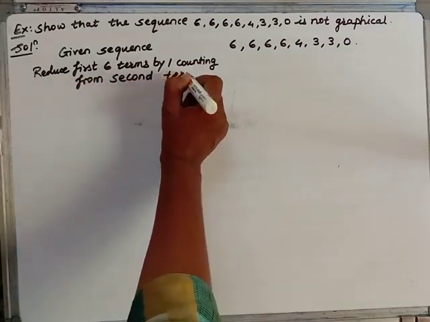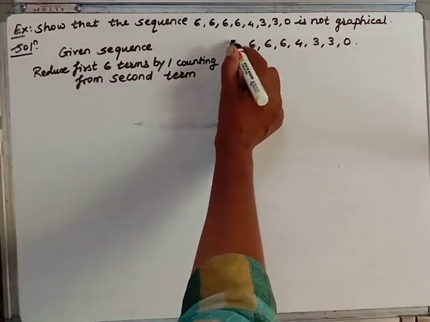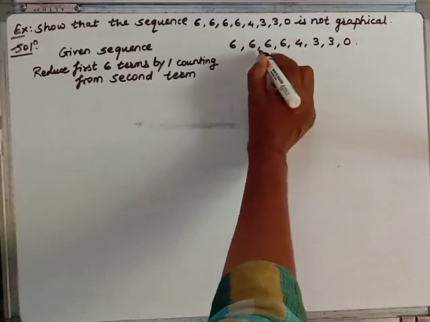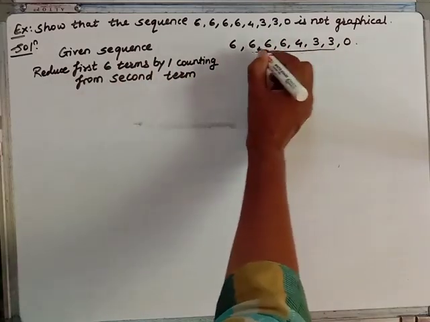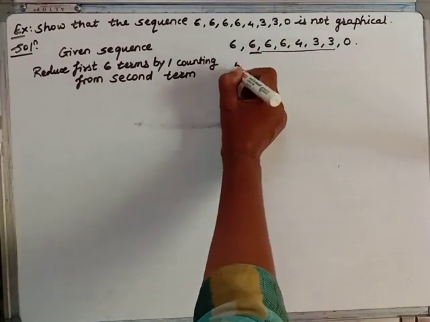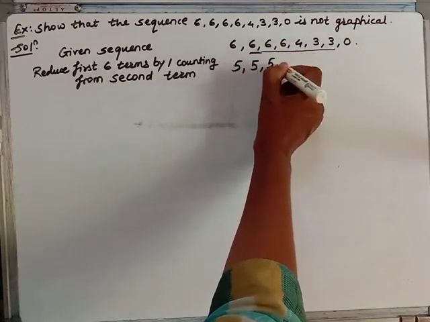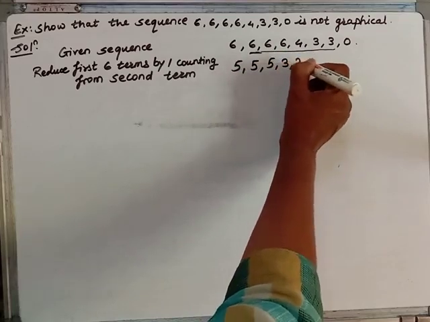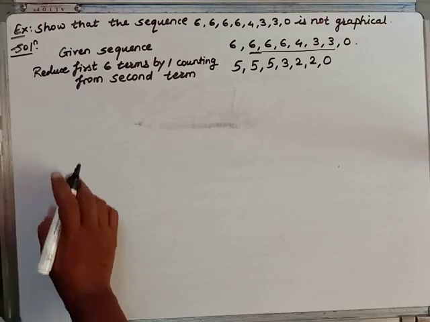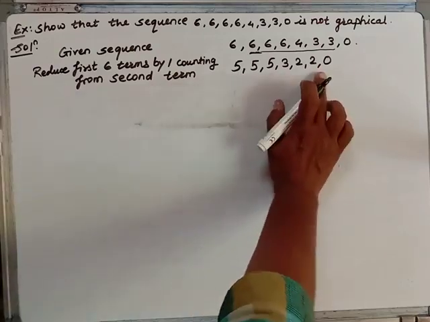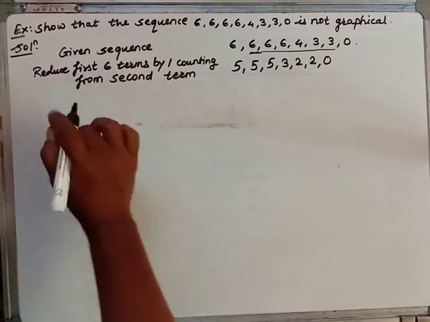So we eliminate this one; simply we take these 6 terms, and these many terms we have to reduce. So this gives 5, 5, 5, 3, 2, 2 and this 0 as it is. Now this is in non-increasing order, so keep it as it is.